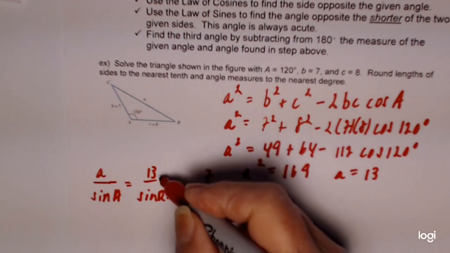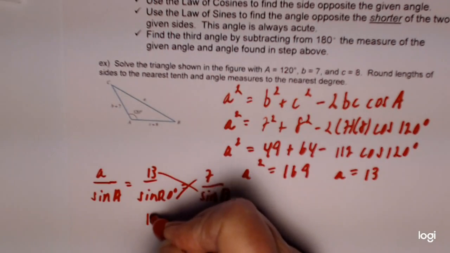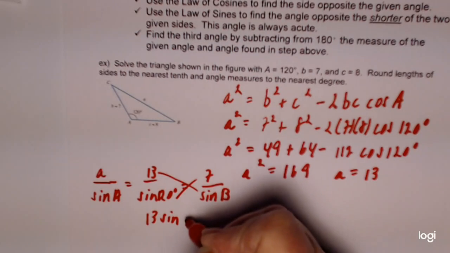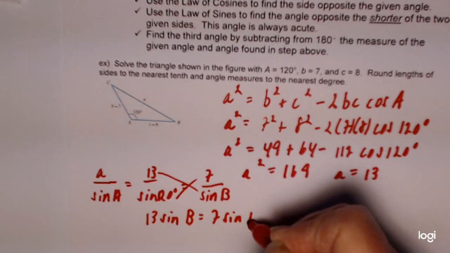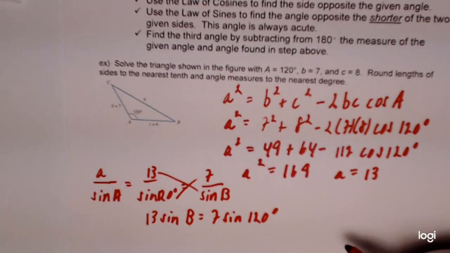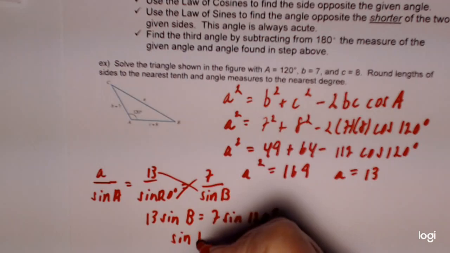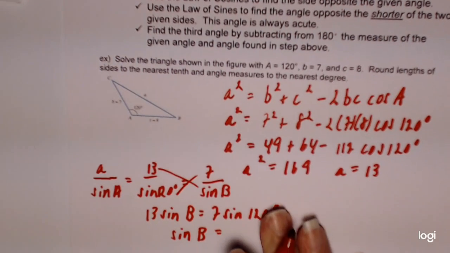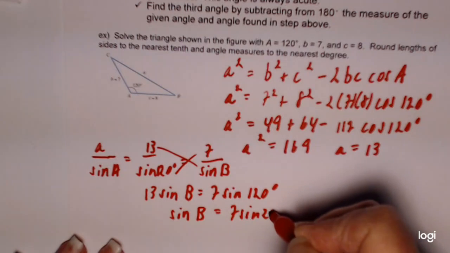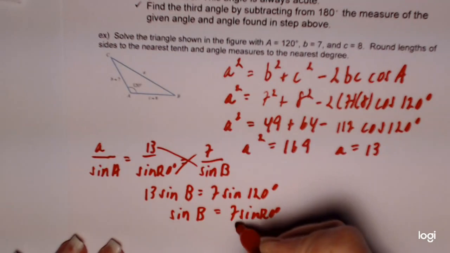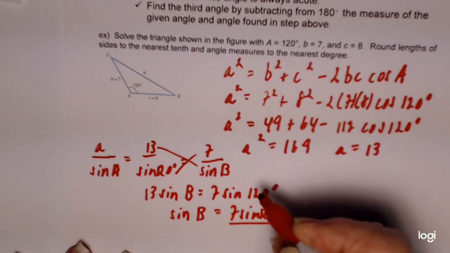As usual, when we do these, we cross multiply. 13 sine of B is equal to 7 sine of 120 degrees. Dividing both sides by 13, we get sine of B is equal to 7 times the sine of 120 degrees, all over 13. I don't know why I keep forgetting that one.